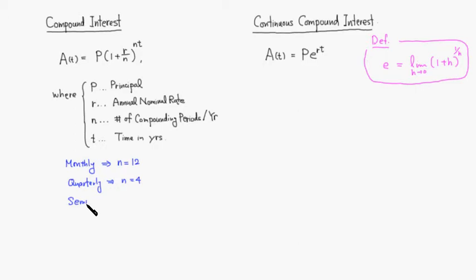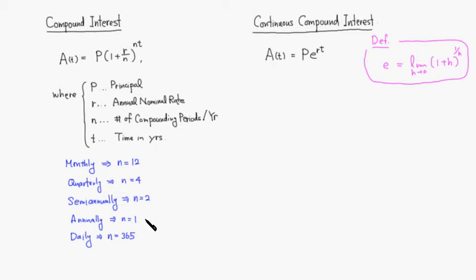Semi-annually means n equals 2, and annually means n equals 1. Or you can have interest compounded daily, so say daily, then there are 365 days, so n equals 365, and so on.